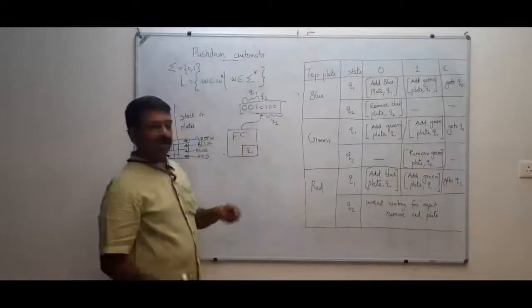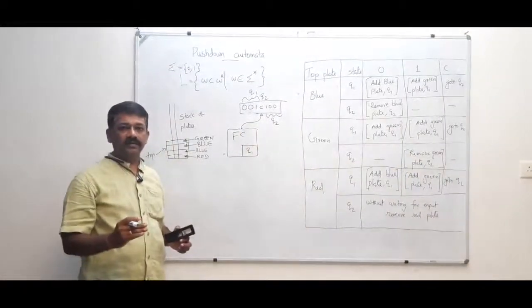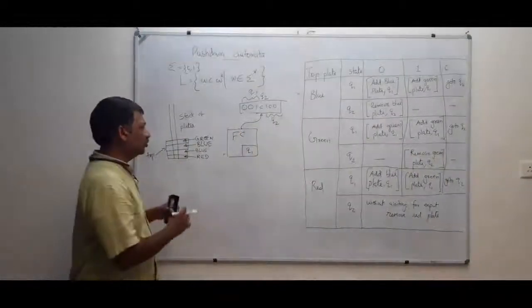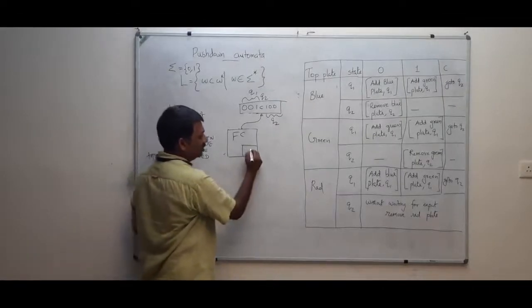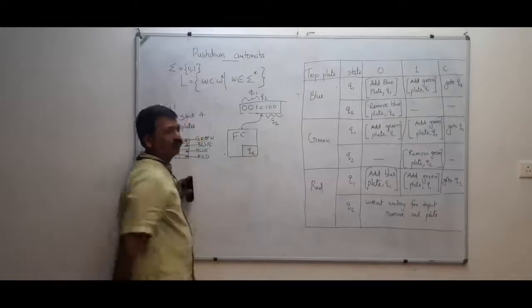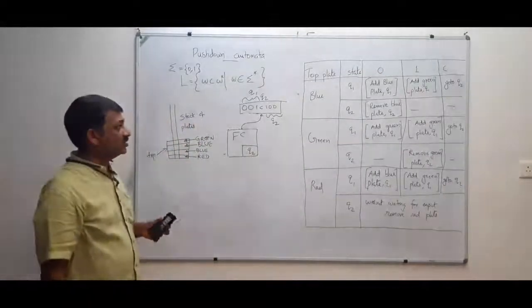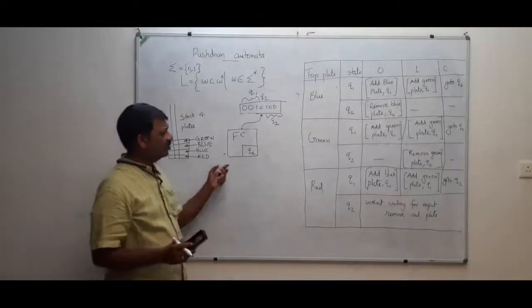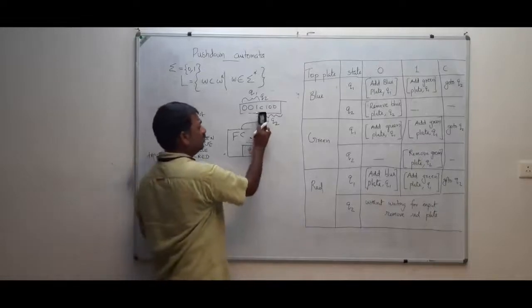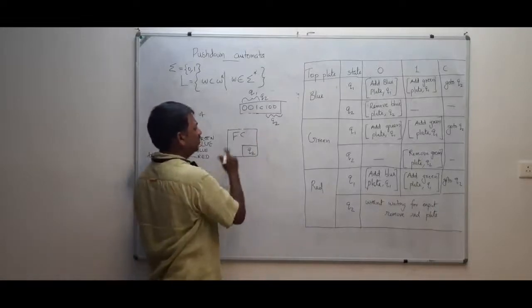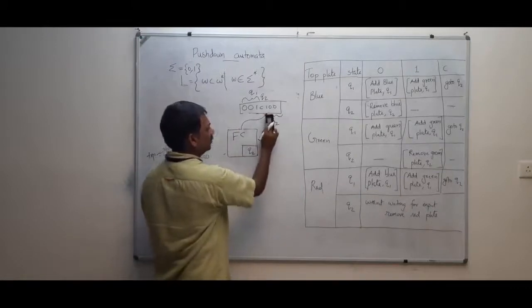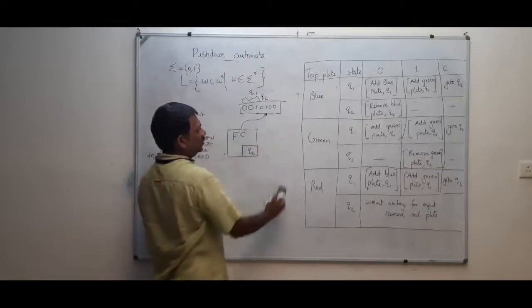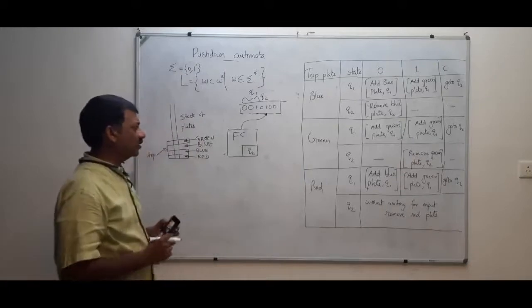That means you are not going to add anything. You have switched to state Q2 without adding any plates. Now this has changed to Q2. The input pointer is advanced to the next input. That means now it is pointing to 1.